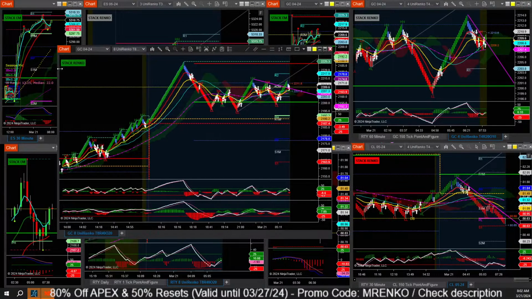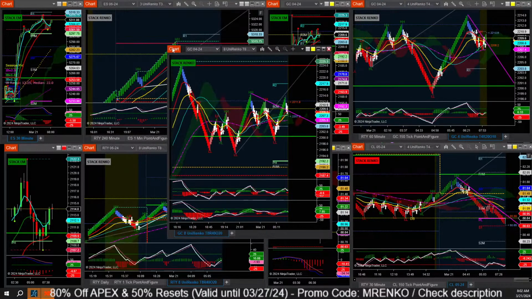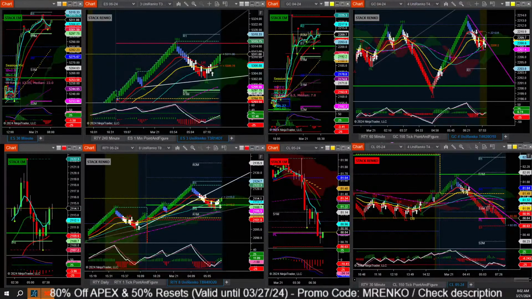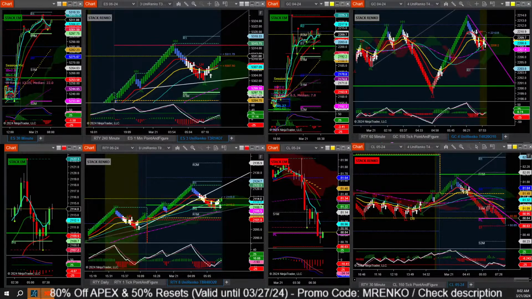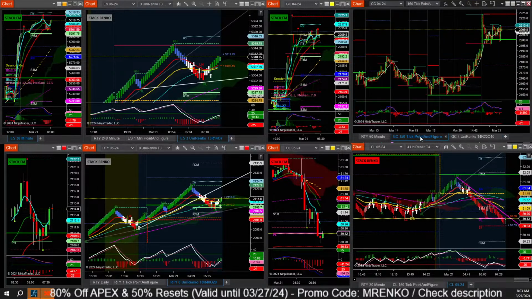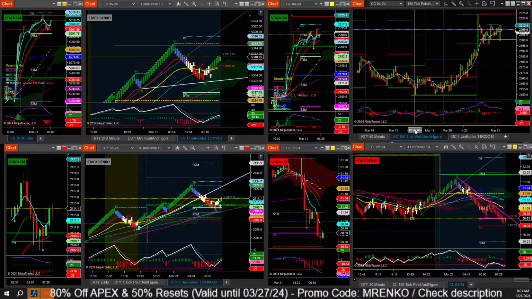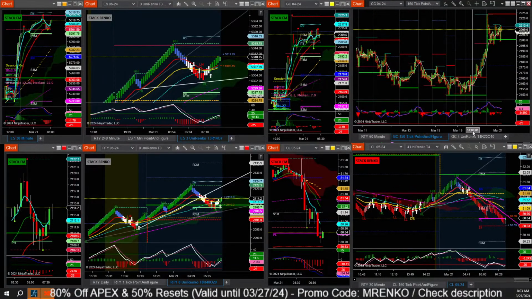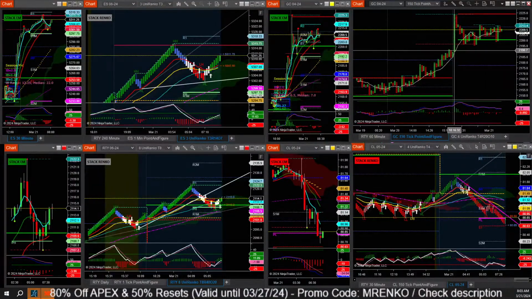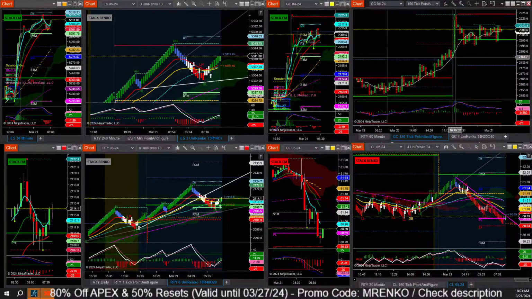But I think that for analysis it's way better. Let me put this one back in the other monitor. So I think that it's way better for analysis to go with the point and figure chart, because the moves are a little bit clearer on the screen. What happens is that this bar here that moved overnight, right after the market closed, moved all the way up there in one single bar, one straight move.